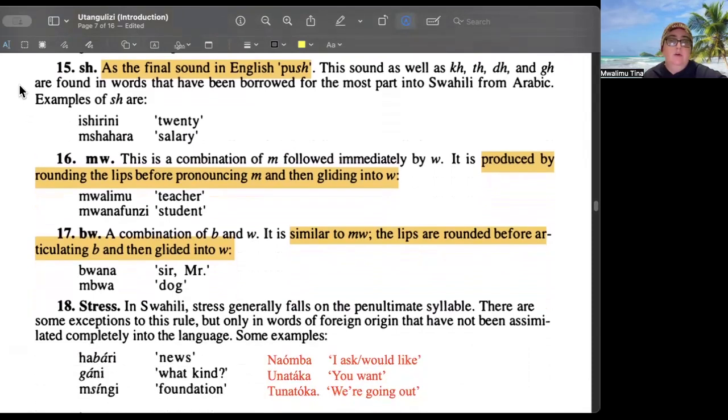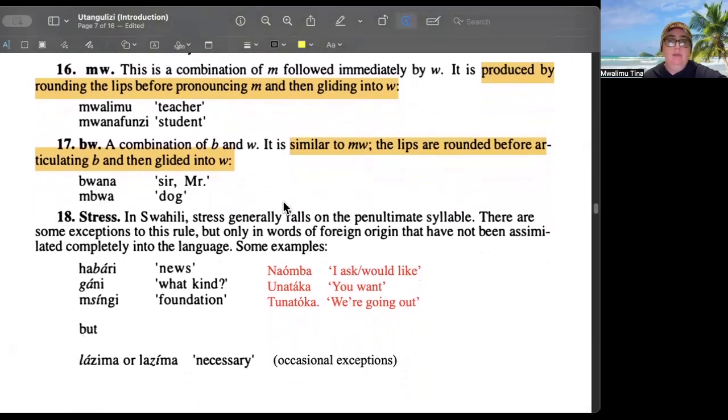Next, we have the letters SH, as in the final sound in the English word push. For example, we have ishirini, mshahara. The combination of MW.